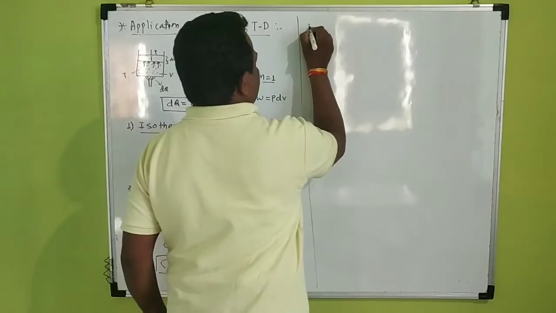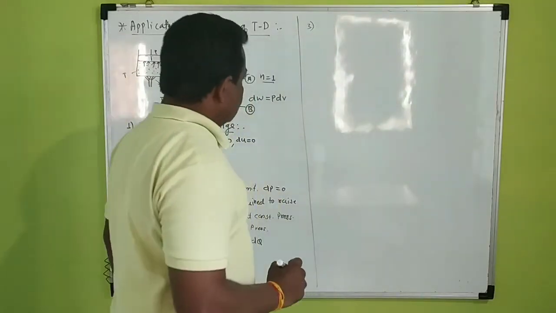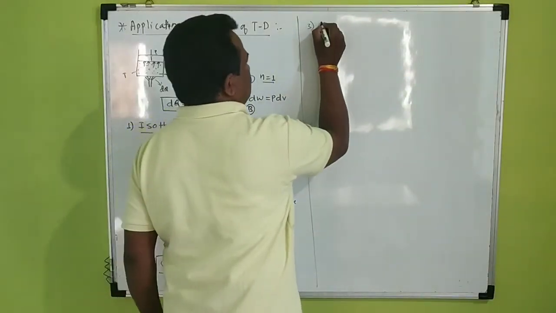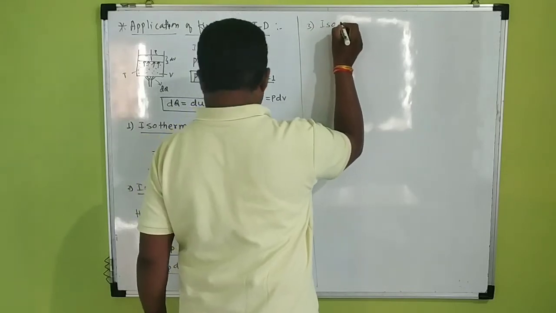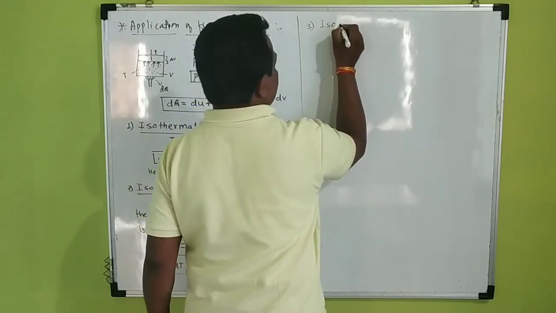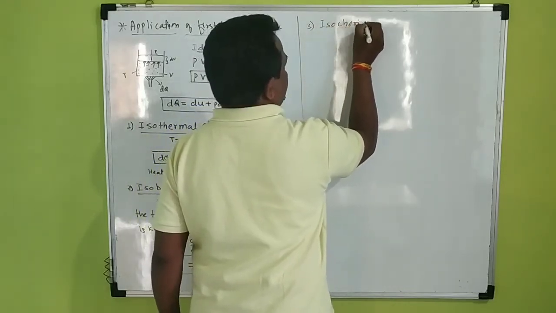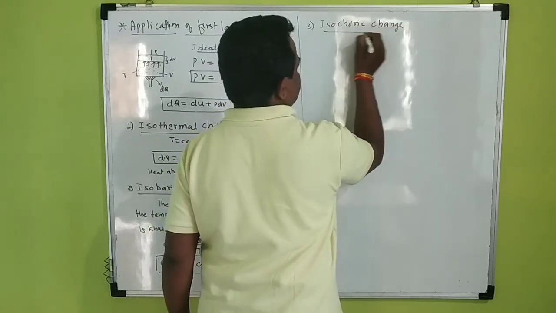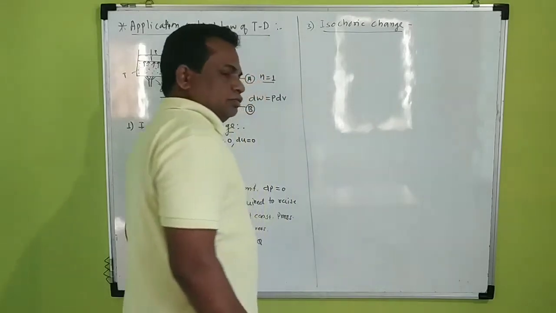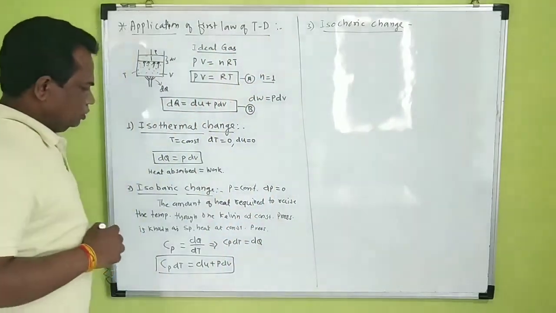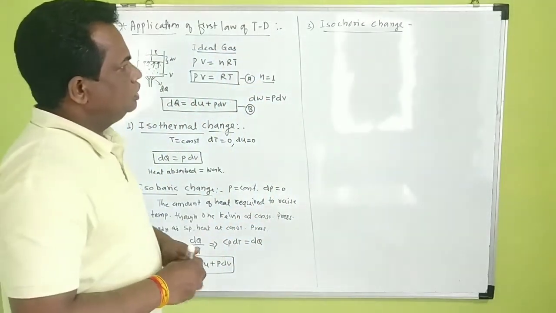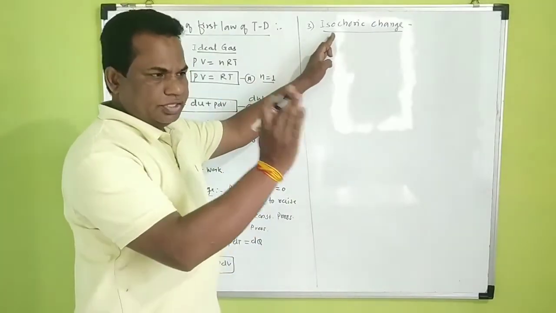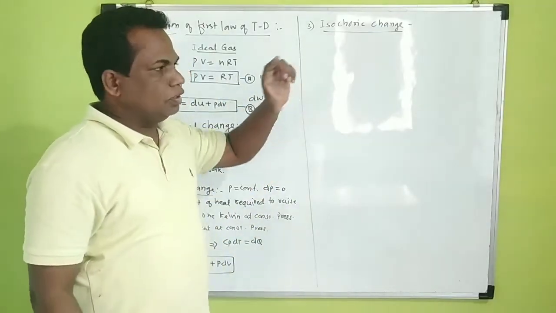One more relation we can study, that is for isochoric change. For isochoric change, you already know that it is the change from one state to another at constant volume.